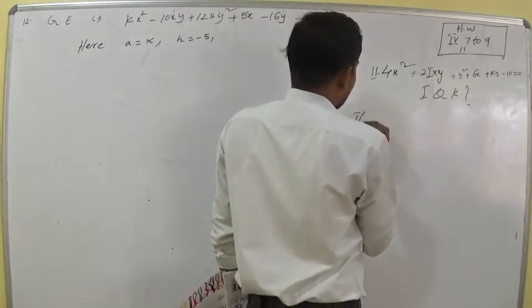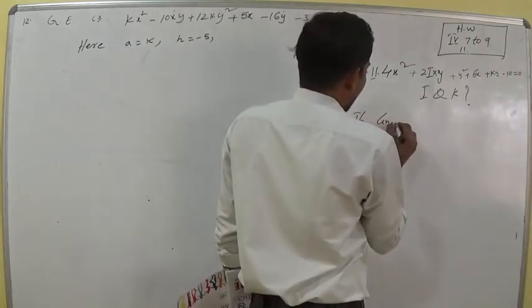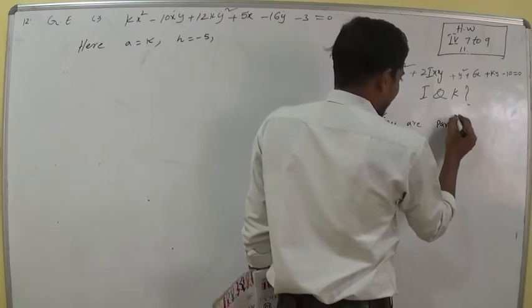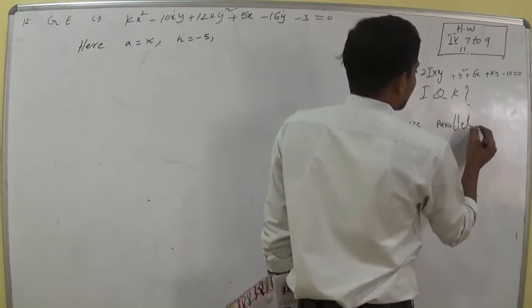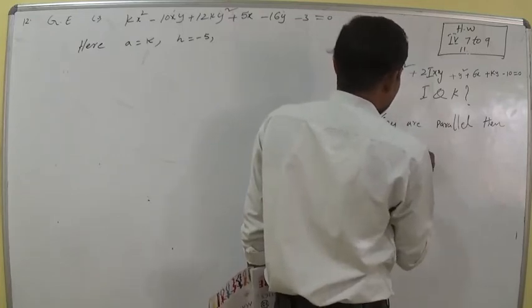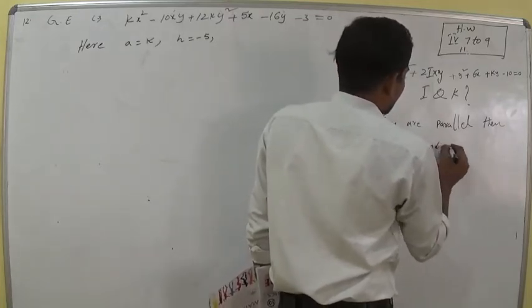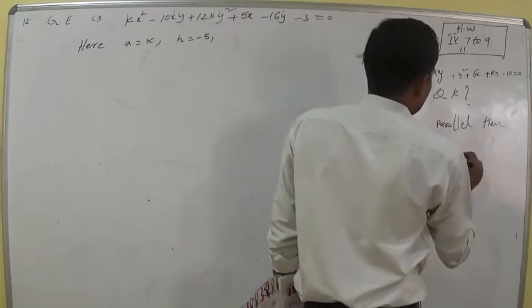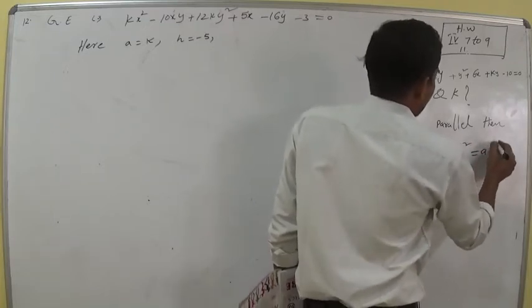If the lines are parallel, then h square is equal to ab and bg square is equal to af square, right?